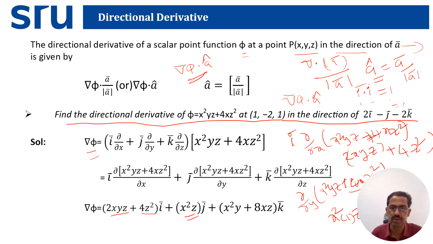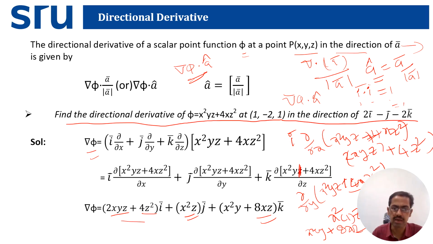Next, with respect to z: x squared yz gives x squared y, and for 4xz squared, the derivative of z squared is 2z, 2 times 4 is 8, so 8xz. So this is x squared y plus 8xz.